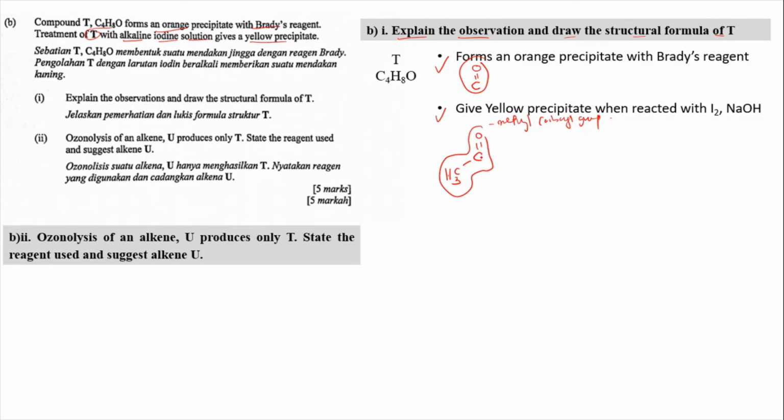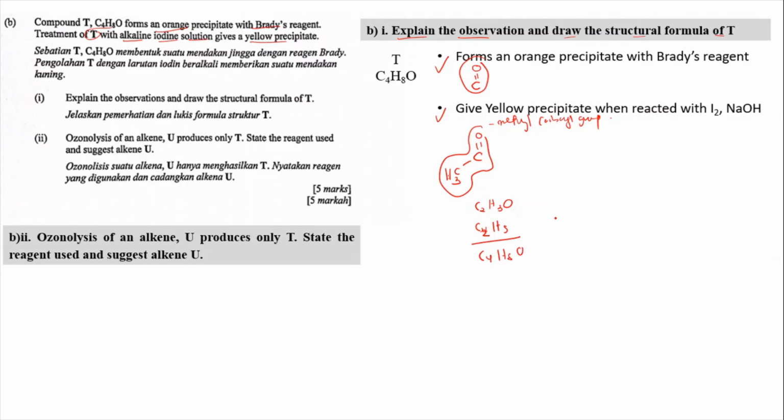Okay, so we know that C double bond O CH3 will use up C2, H3 and O, but the balance that we need to add in order to produce C4H8O is C2H5, so that we're going to get C4H8O.